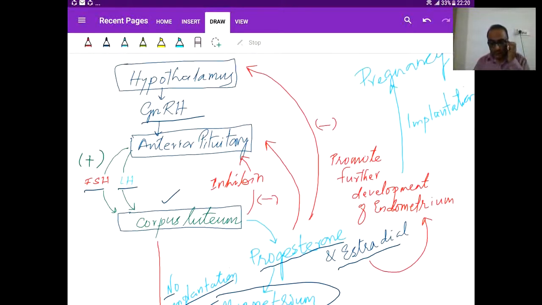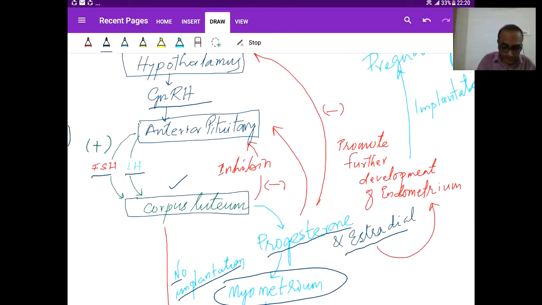Now let us look into some other hormones and their effect, like inhibin here. Inhibin produced from the corpus luteum will act on the anterior pituitary, and it is having a negative feedback, means it stops the release of FSH and LH, mainly FSH. Okay, so further, when these hormones are not needed, these have to be stopped.